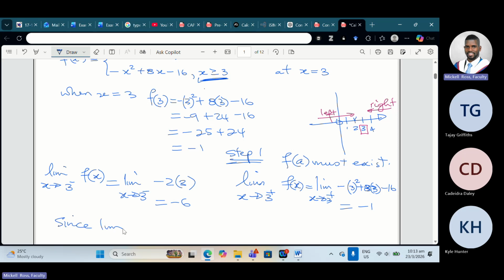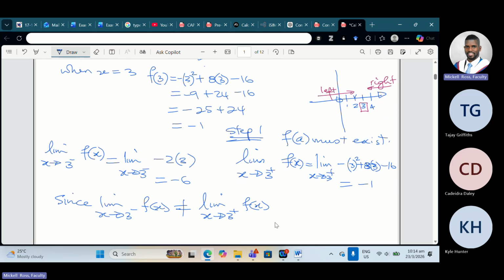So since the limit as x approaches 3 from the left-hand side of f of x is not equal to the limit as x approaches 3 from the right-hand side of f of x, the function is not continuous at x is equal to 3.